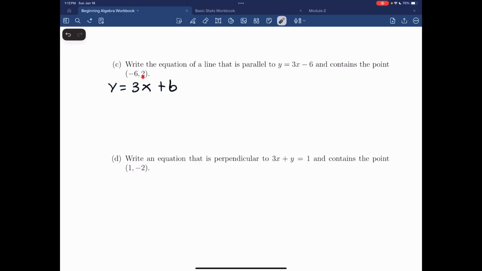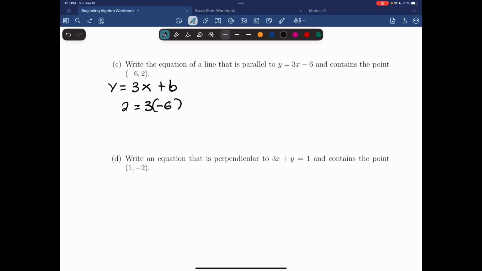Because it's parallel, we keep the same slope, but to find out what b is, we're going to plug in this point, -6 for x and 2 for y, and solve for b to find the y-intercept of the line. So 2 equals 3 times -6, plus b. That's 2 equals -18 plus b.